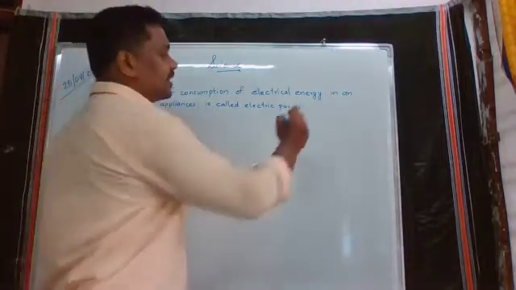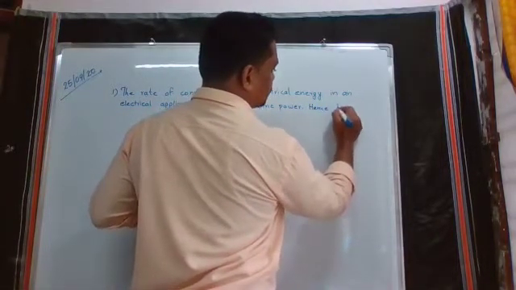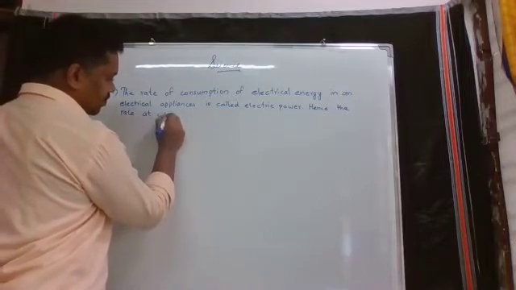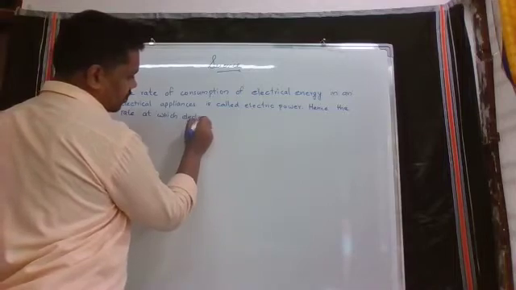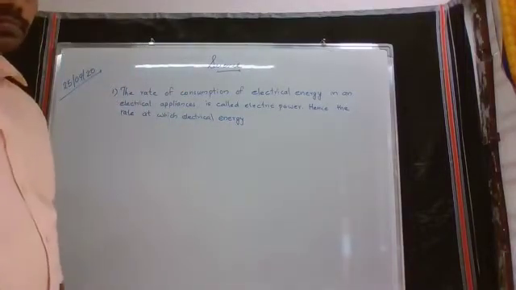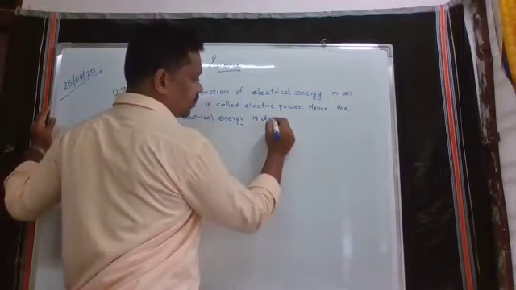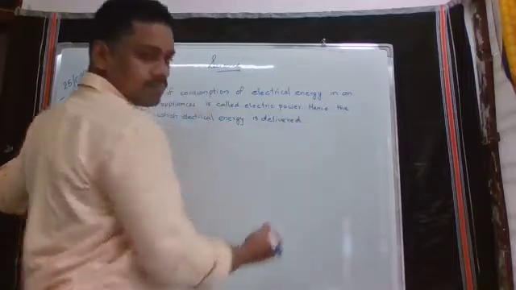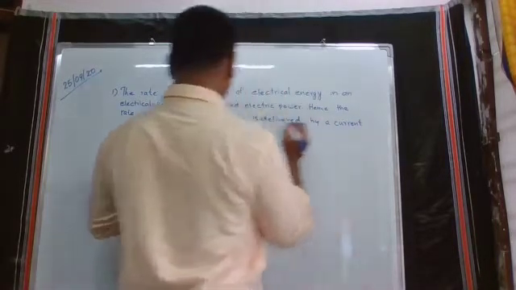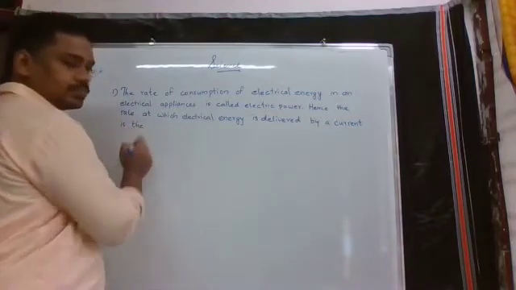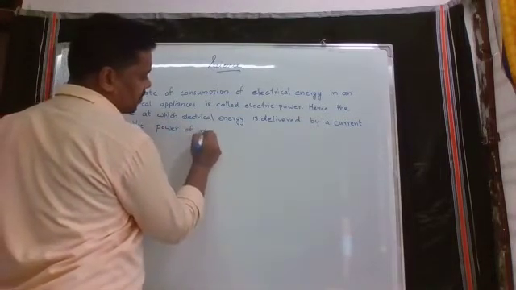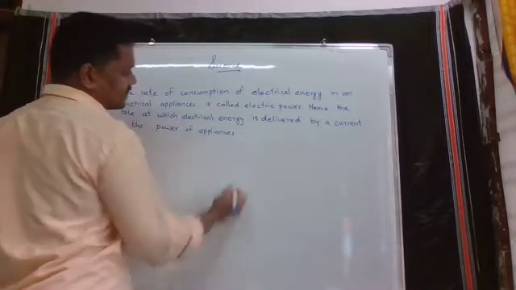Hence, the rate at which electrical energy is delivered by a current is the power of appliances.